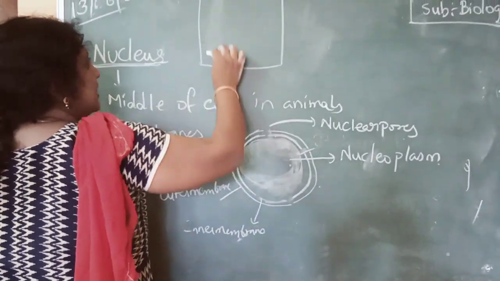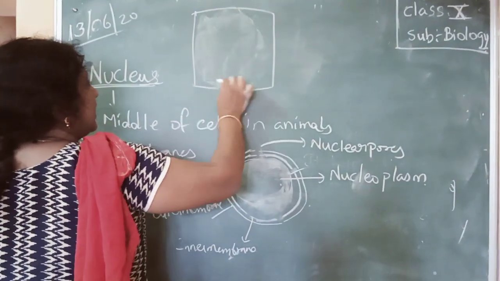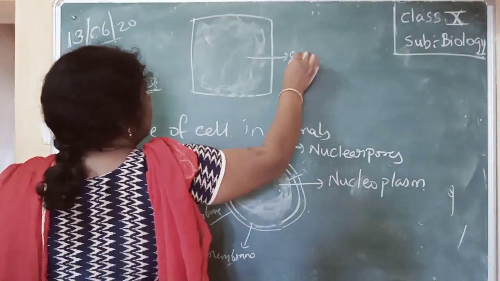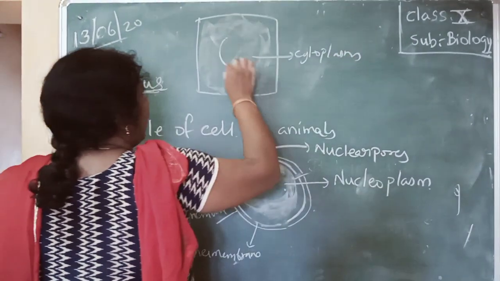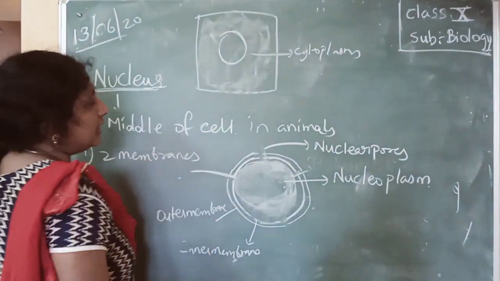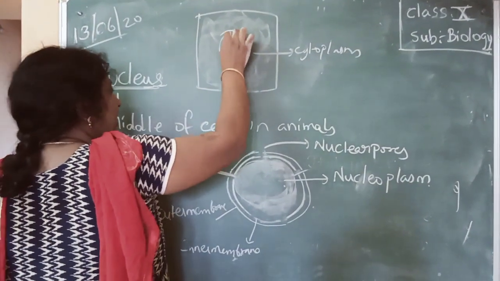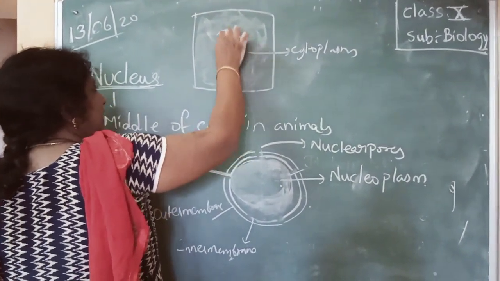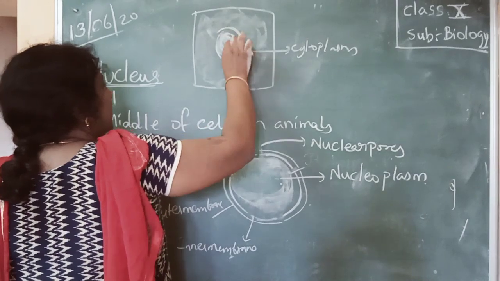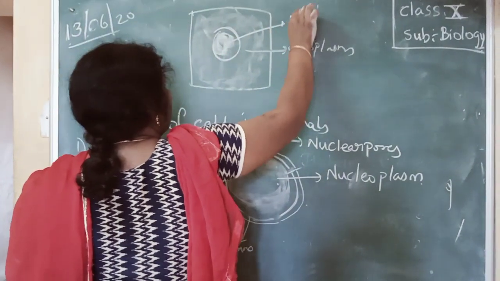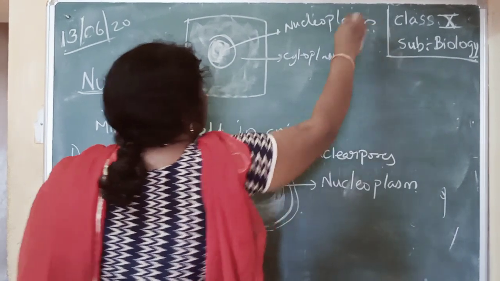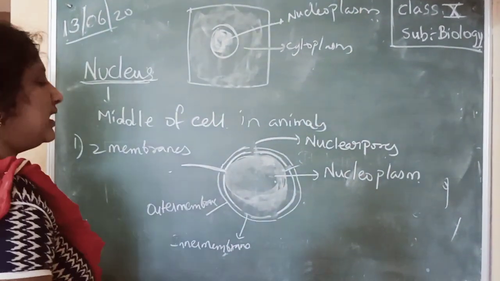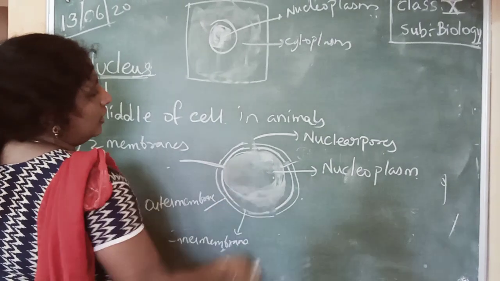The cell contains cytoplasm, and in the middle of the cell you have a nucleus. Even the nucleus contains some fluid inside it. This fluid is called nucleoplasm.